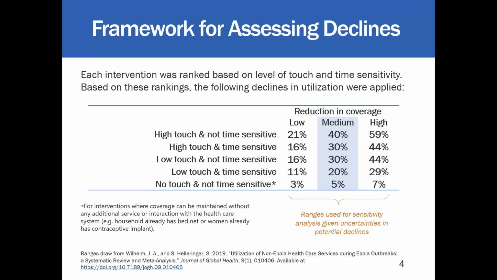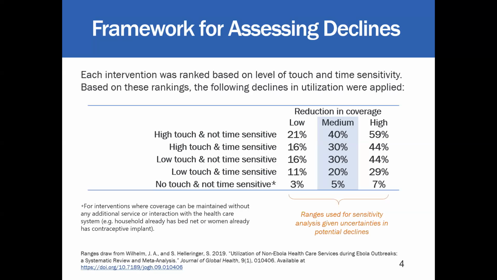The best that we can do is use the information that we have from other experiences. So this draws very heavily on work looking back at the impact that Ebola had on different services, and then again, drawing from what people are seeing in their countries, what they're hearing, what they can see within their HMIS data, where countries have that.